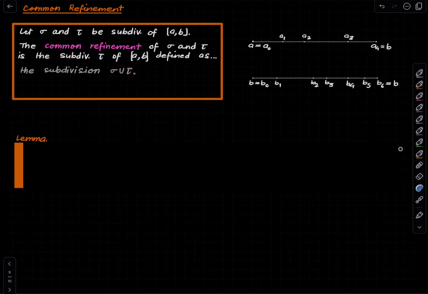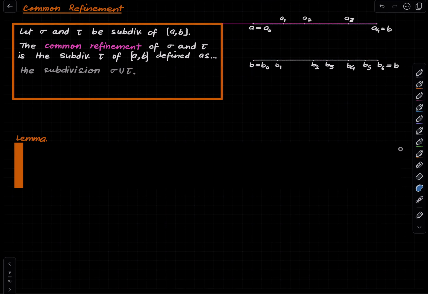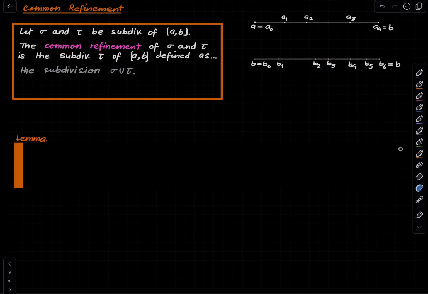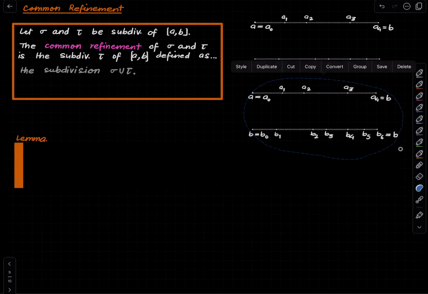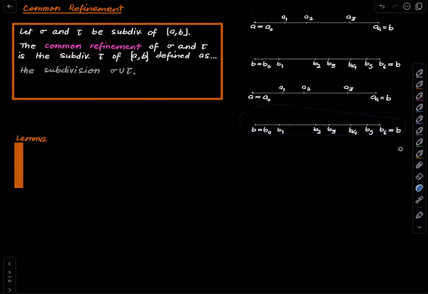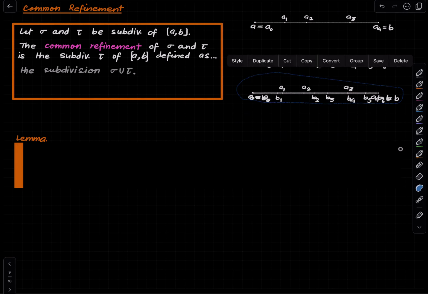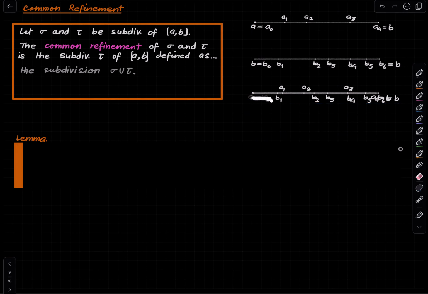Pictorially, I have drawn sigma and tau, some example of them. What is the subdivision that we mean when we write sigma union tau? We mean just coalesce the two and erase the hodgepodge. So all these points that you get is the first, second, third, fourth, fifth, sixth, seventh, eighth, ninth, 10th, 11th.